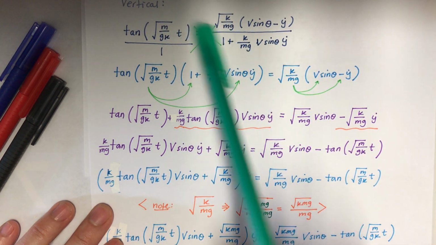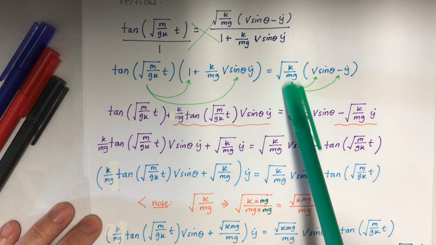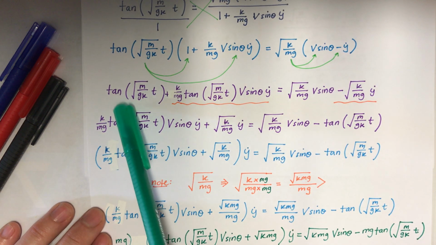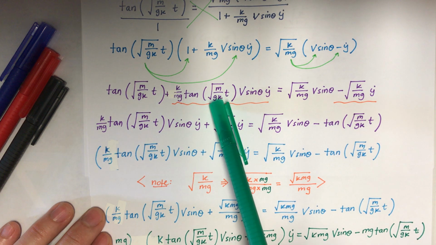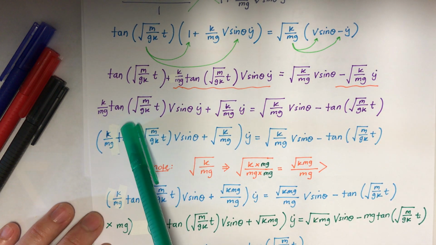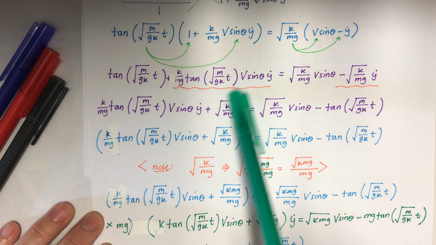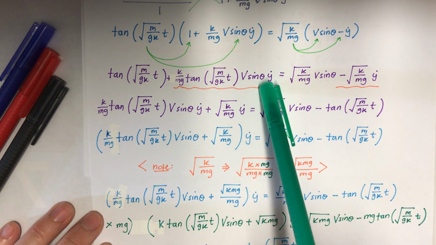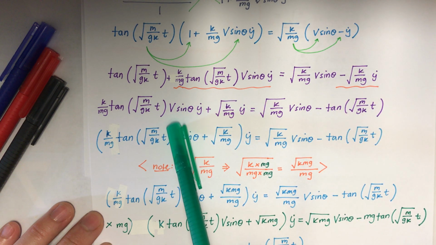Now this one's going to be a bit tricky, but what I'm going to do is expand. Okay, so just take your time, expand that, slowly. And then I need to make y dot my subject, so I'm going to collect the like terms, these two all on one side.